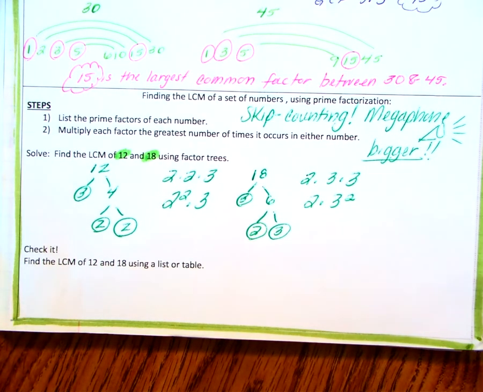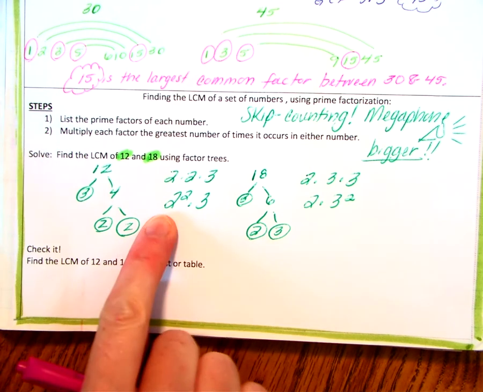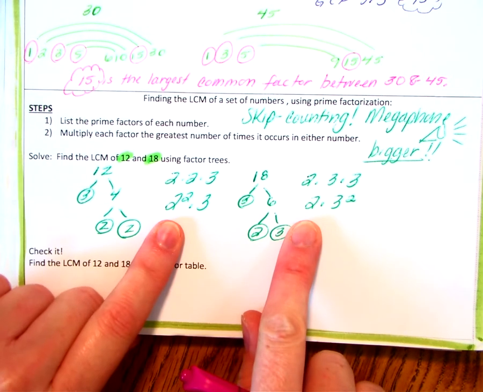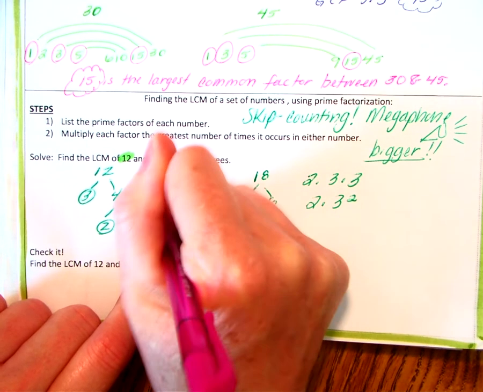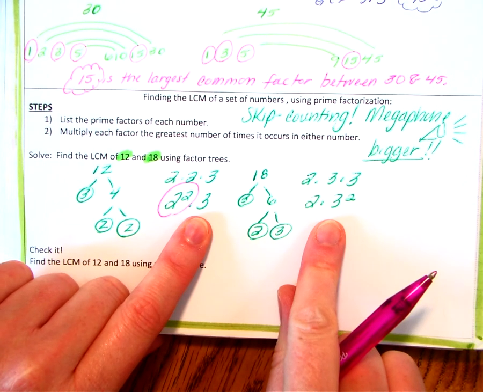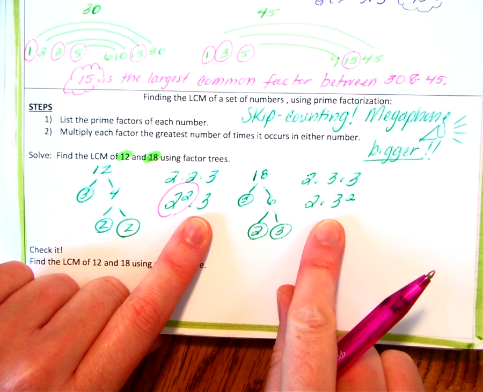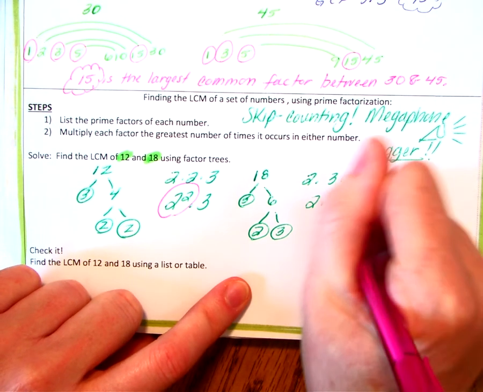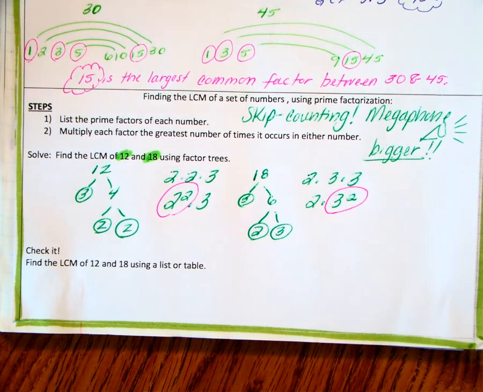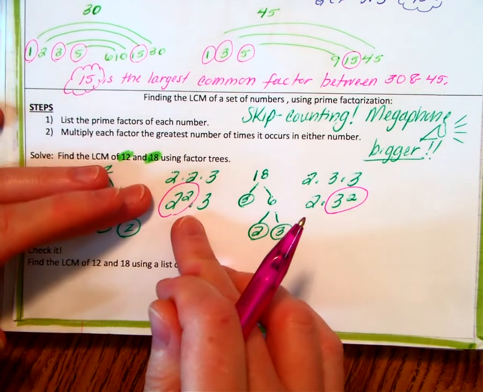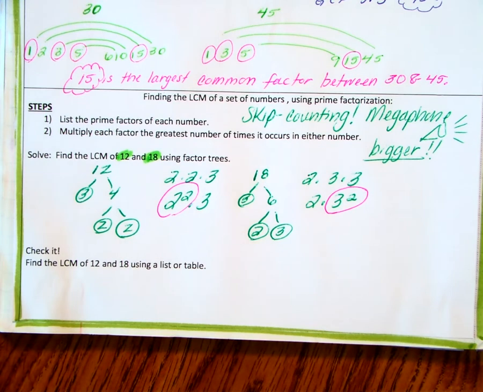Multiply each factor the greatest number of times it occurs. Okay, what is one of the factors? 2 is one of the factors. What is the greater exponent? 2 squared. 3 is one of the factors. Who is the bigger one? 3 squared. So they want us, and there are no other factors. There's no 5 or 7 or any other prime factor here. So you pick the biggest, the greatest power.